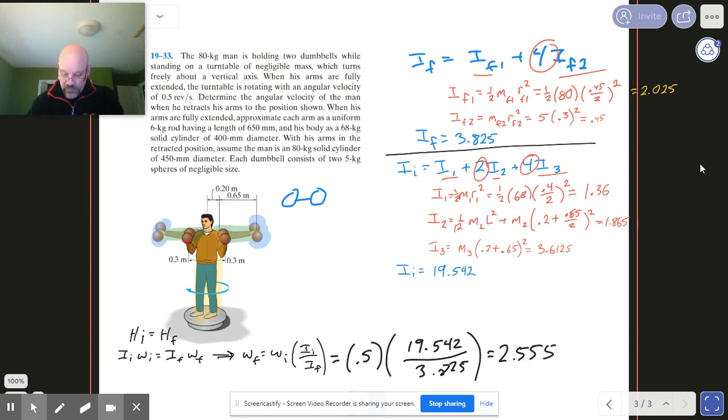That's not radians per second, it's revolutions per second, which is one reason I like to write things in this form. Whatever units I've got for omega, I will have those units for omega f, because it's just I over I. The units cancel out. It's just a ratio. Anyway, there we go. He ends up going about 5 times faster.